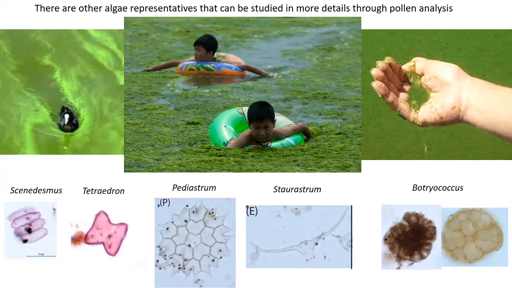I added a few pictures of these remains, how they look. And in today's perspective, algae and the pollution and eutrophication of water bodies is a huge topic worldwide, as well as within the European Union, in the frame of the Water Framework Directive.